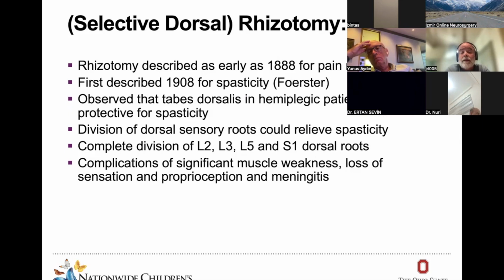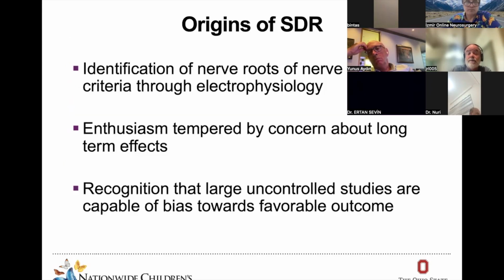The division did relieve spasticity. However, complications of significant muscle weakness, loss of sensation, as well as meningitis, basically minimized the level of excitement related to this procedure.